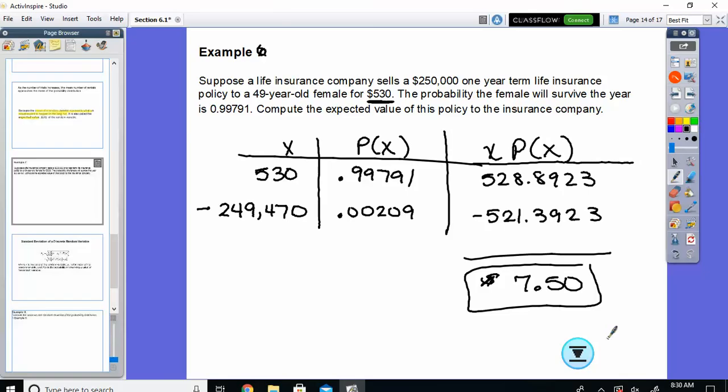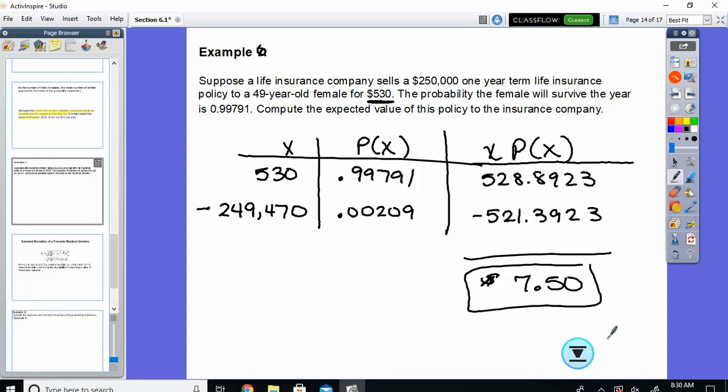That means if they go out and they sell 500 of these policies, they are expecting to bring in, on average, $7.50 for every one of them. Because they know sometimes they're going to pay out and sometimes they're going to keep money. Does that make sense? So, expected value is the same as mean.